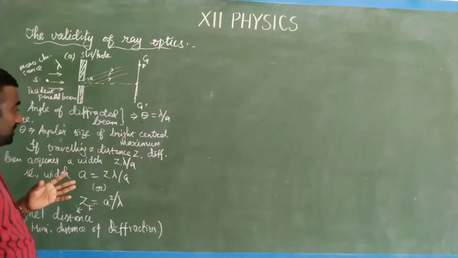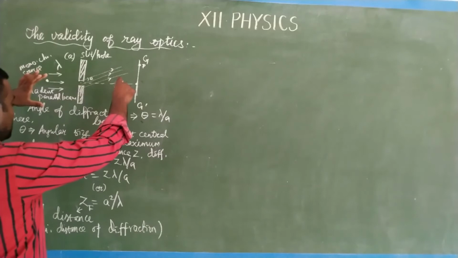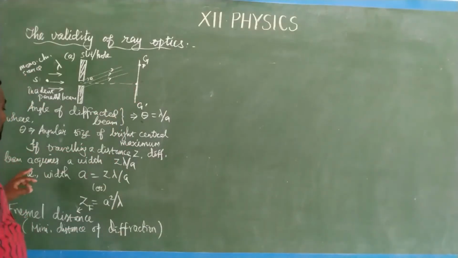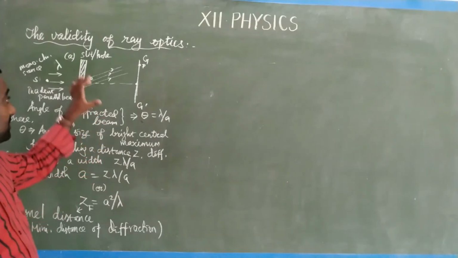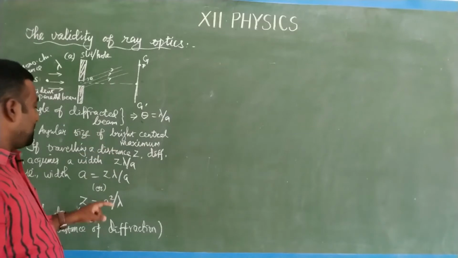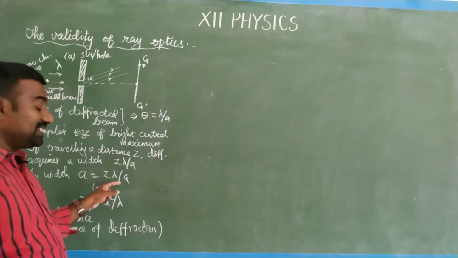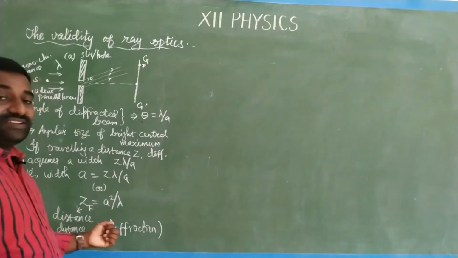If traveling a distance Z, the diffracted beam occurs with a width, what is the width? It is Z lambda by A. Here Z is the Fresnel distance, because it is the minimum distance of diffraction.